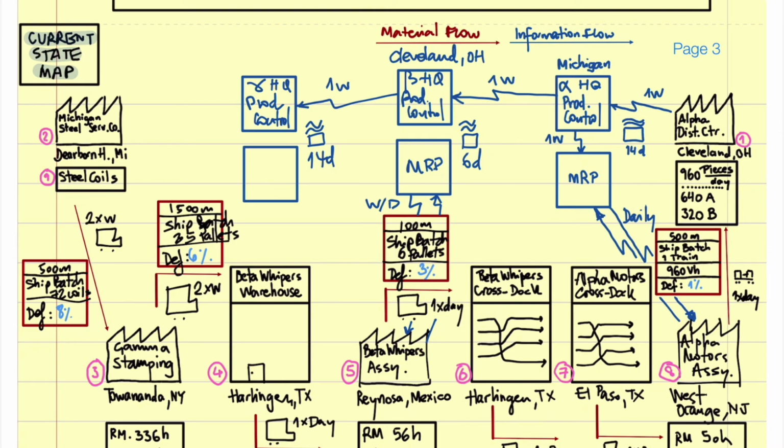This is in Buffalo, New York. What do these 14 days mean? And you have your gamma MRP.